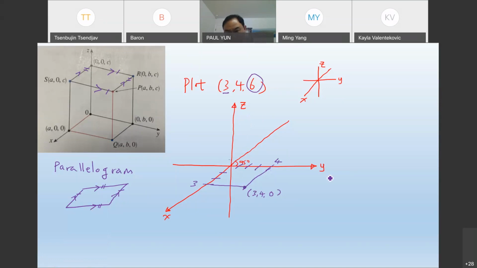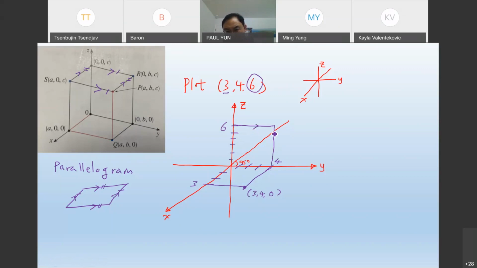So this time straight. 5, 6. Yeah. Then what's a special parallelogram? A parallelogram is a rectangle, right? A rectangle is a special parallelogram, isn't it?